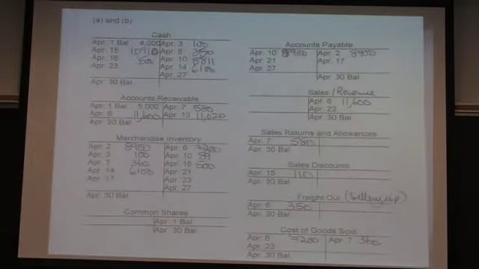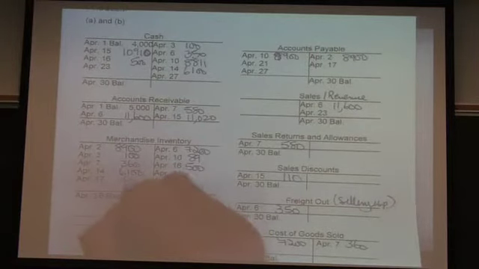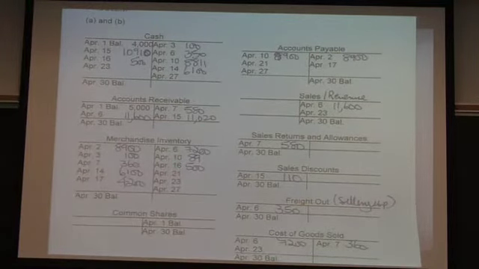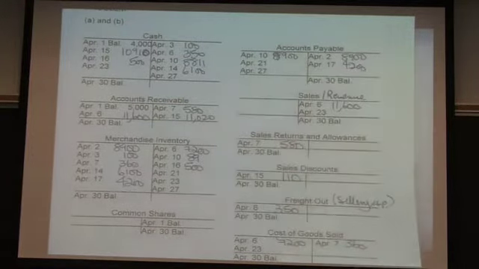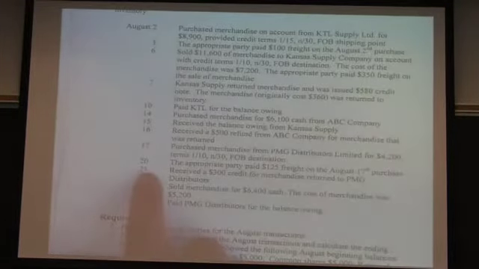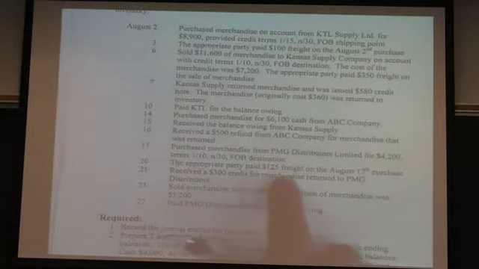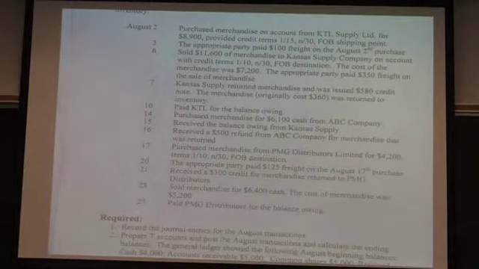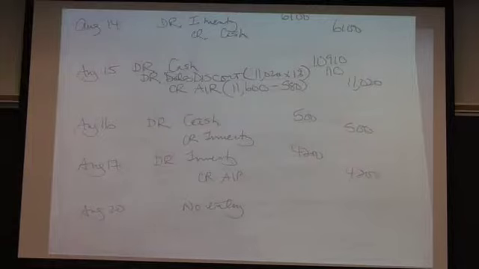So let's post this entry. On the 17th, we're going to record the debit to inventory $4,200, and we're going to credit accounts payable $4,200. Okay? Now, on the 21st, it says we received a $300 credit note for merchandise returned to PMG. So we're going to reflect that return.